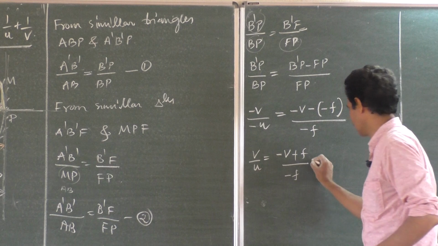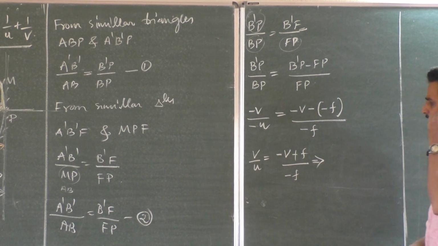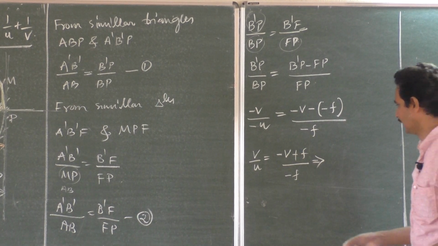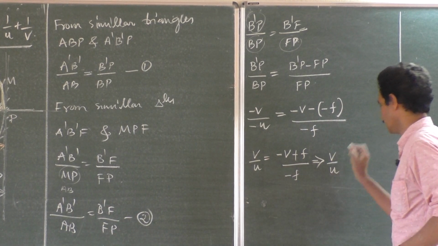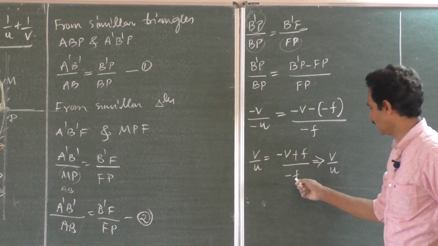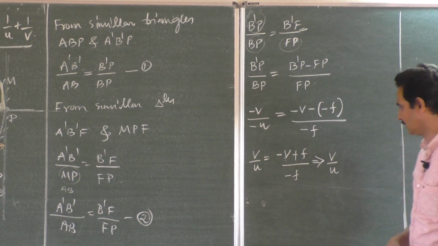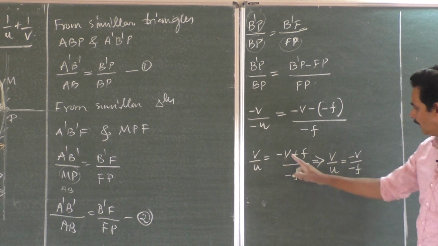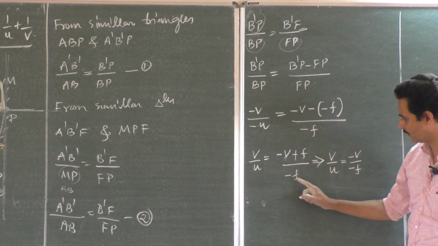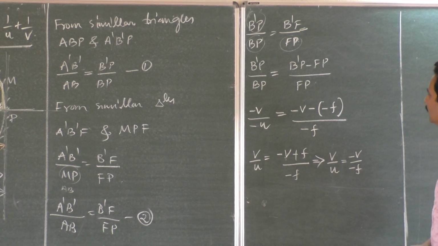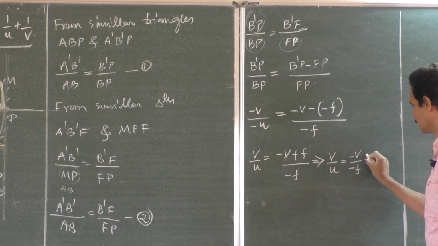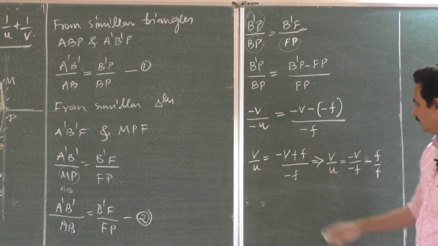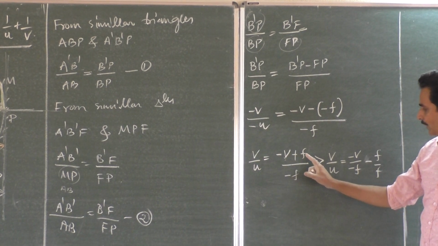Okay, so shall I write this? Of course, you can get it in your own mathematical way. You will finally land up with that equation. What I will do is write v by u, and divide this f into both the numerator values. Equal to minus v by minus f, and plus f by minus f.